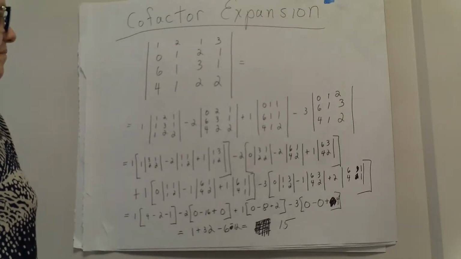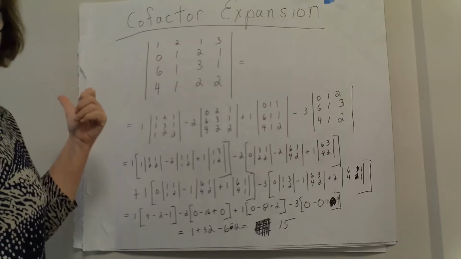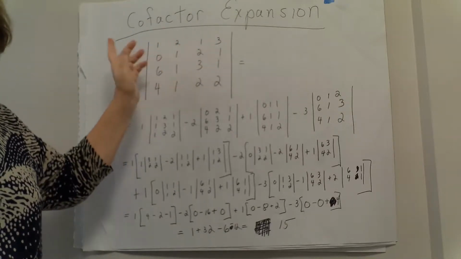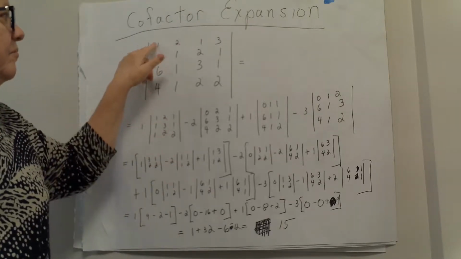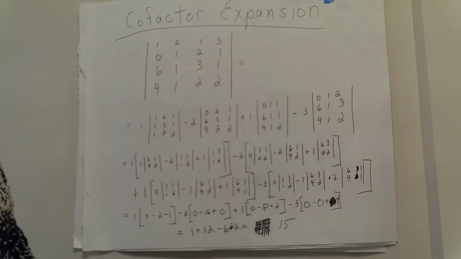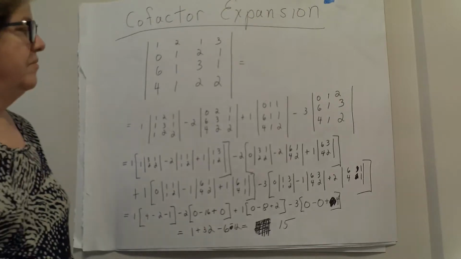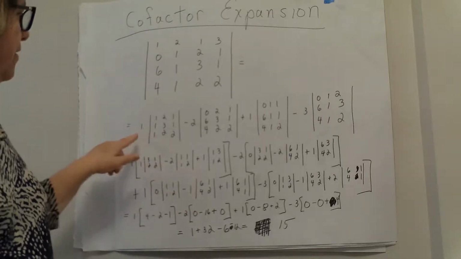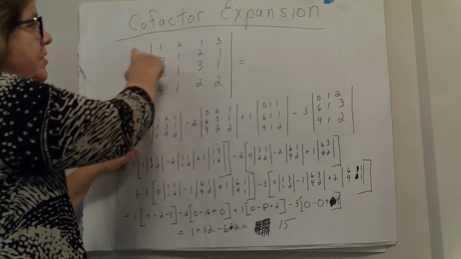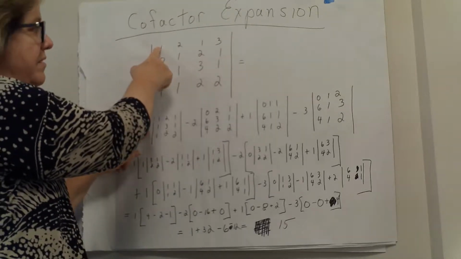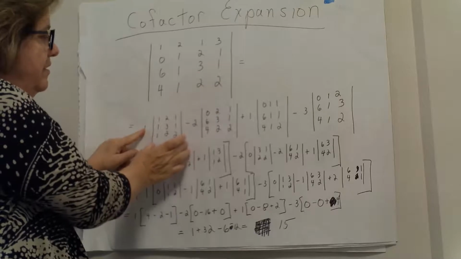Remember in the cross product, you took the first row, the ijk. Well, now we have not just 3, but 1, 2, 3, 4 numbers. Same thing as we did before: take the 1, eliminate the column and the row that number lives in, and take the determinant that's left.